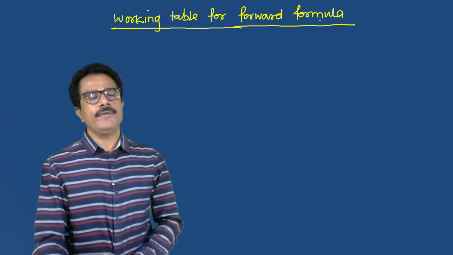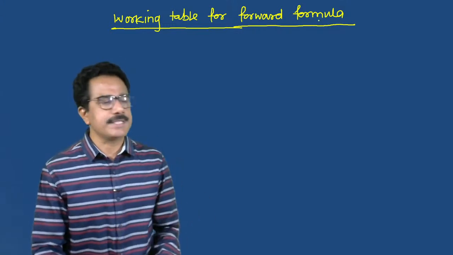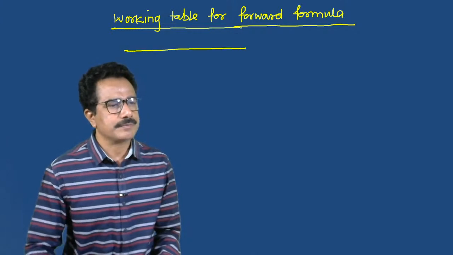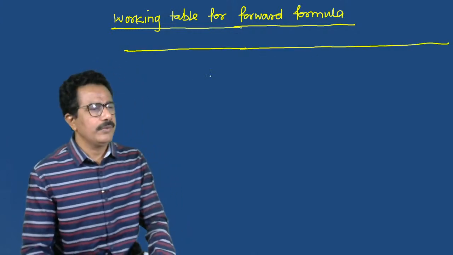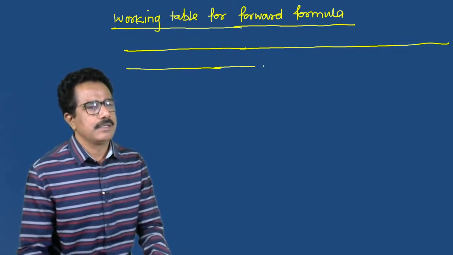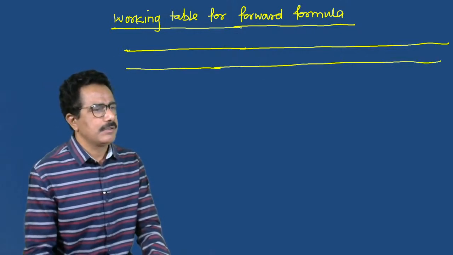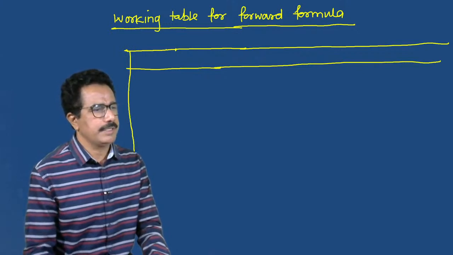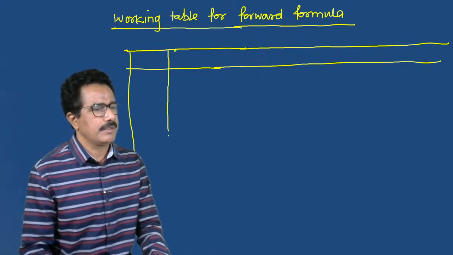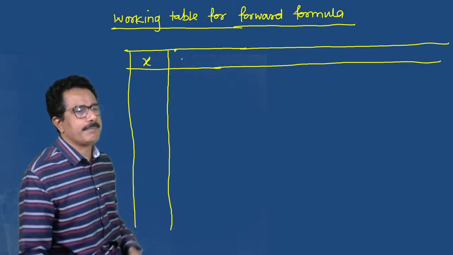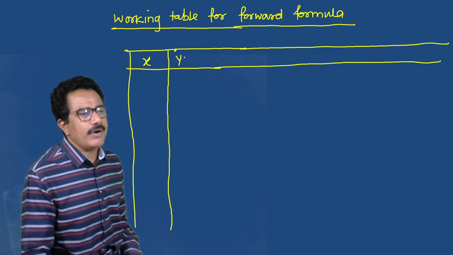See this, if the values of x are such that we have been given the values. Suppose this is the value of x, and this is y, or it is denoted by f of x.